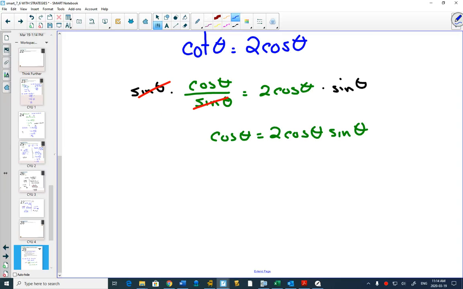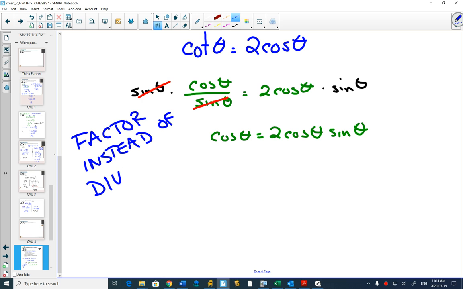And any time that you are tempted to divide, maybe make this as a note off to the side. If you are tempted to divide, you should factor instead of dividing.